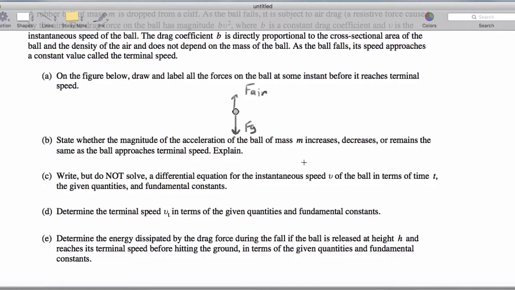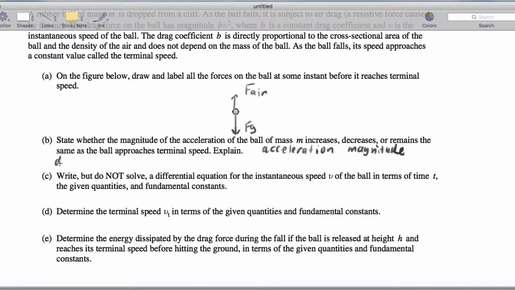Now, the magnitude of the acceleration, does it increase, decrease, or remain the same as it approaches terminal speed? Let's be clear. The acceleration magnitude, meaning the absolute value, magnitude just means size.